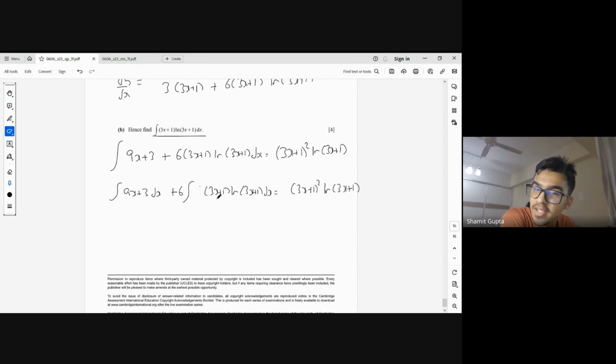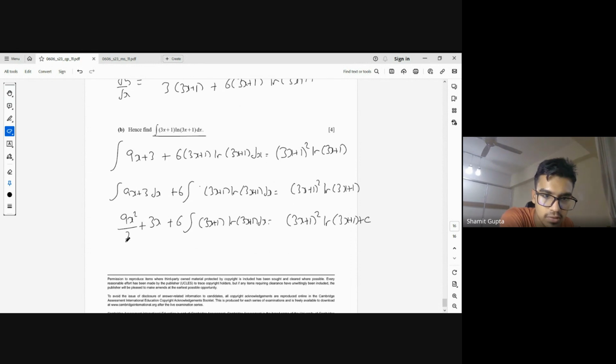We don't even have to solve this. We just have to make this the subject now. Okay, that's so cool. So this becomes 9x^2 over 2 plus 3x plus 6 integral of (3x + 1) ln(3x + 1) dx equals (3x + 1)^2 ln(3x + 1) plus c. I had a plus c now because of the constant.